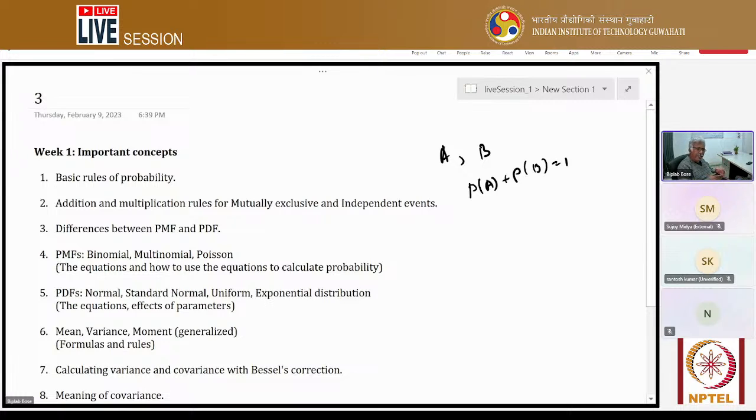So this idea of mutually exclusive, independent, the sum of the probability should be equal to 1, probability should be less than or equal to 1, these basic rules of probability, right? And then the rules of addition and multiplication in case of exclusive and the independent event. These things are elementary, but remember, these are used almost every time you do some sort of data analysis. So you should understand and learn those.